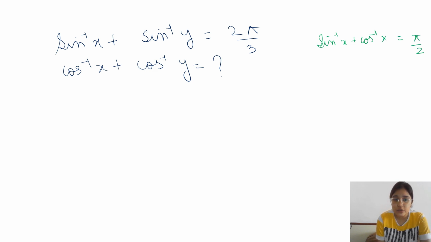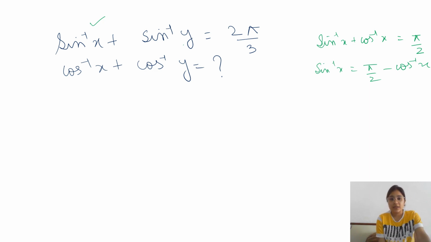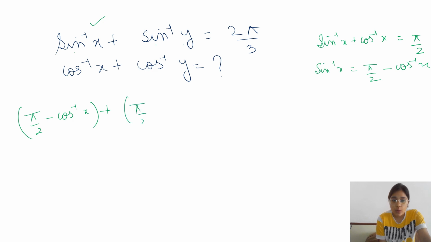So in place of sine inverse x, I can write sine inverse x is equal to pi by 2 minus cos inverse x. Similarly, in place of sine inverse y, I can write pi by 2 minus cos inverse y.